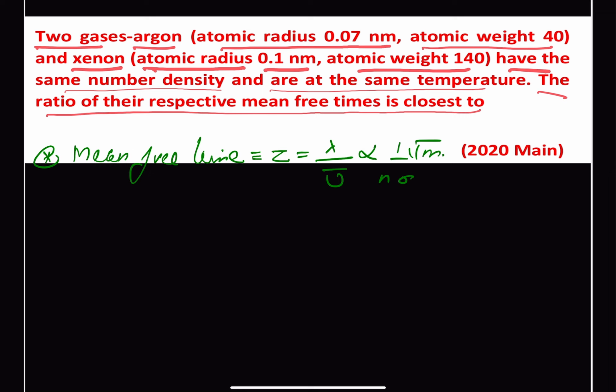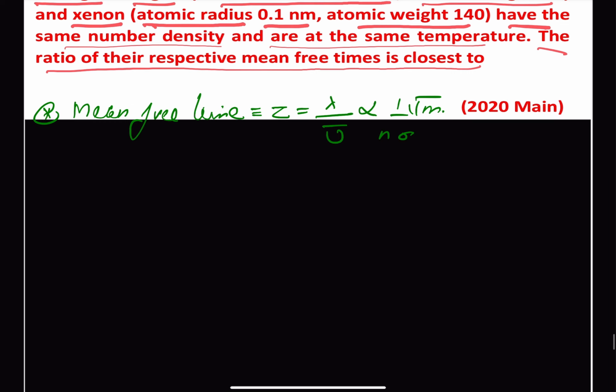Let me write it separately, because we know that our mean velocity is proportional to square root of mass, and our lambda is proportional to 1 upon n multiplied by sigma.